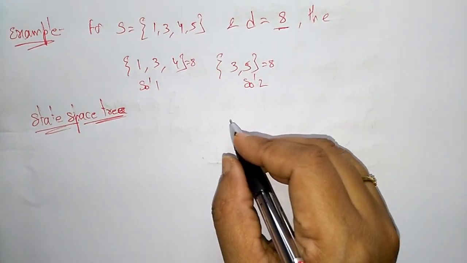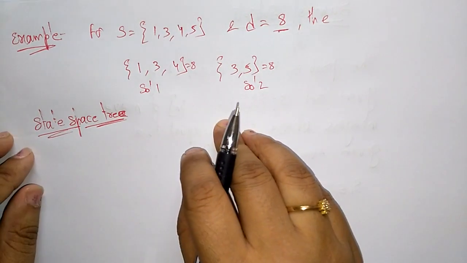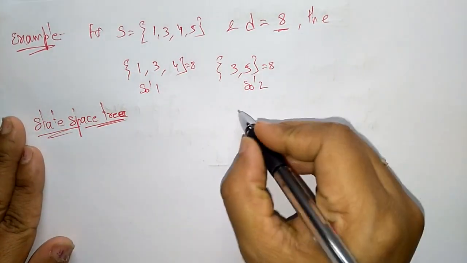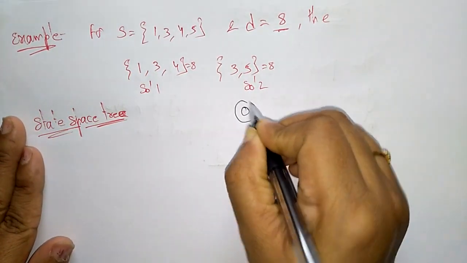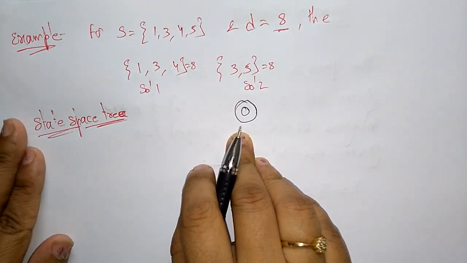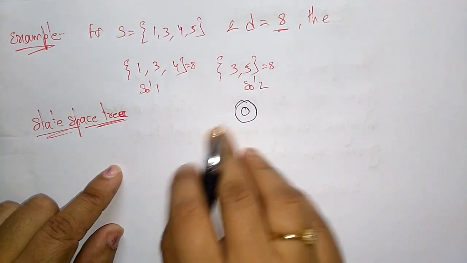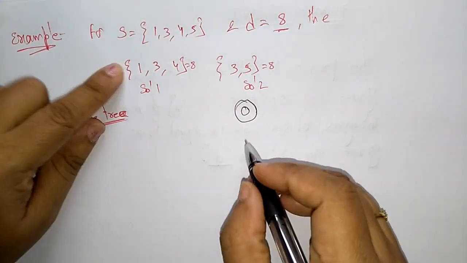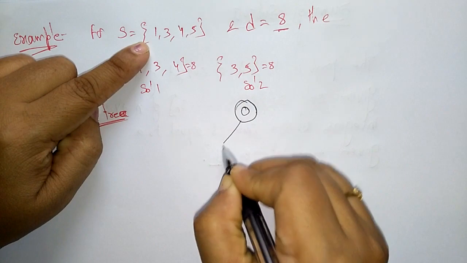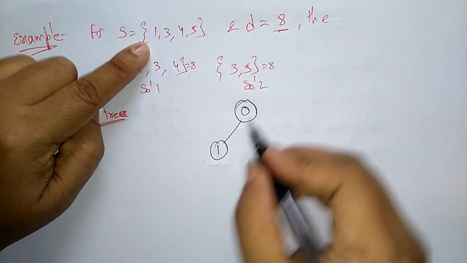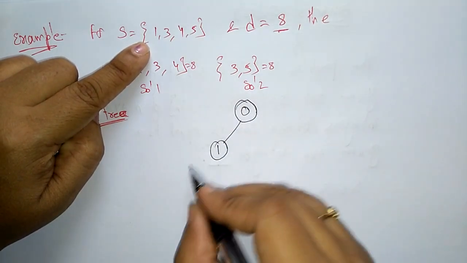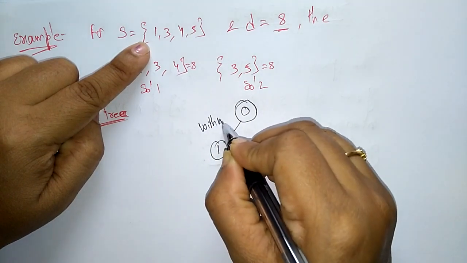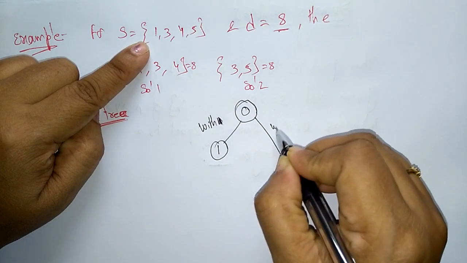Before starting the state space tree, no elements are inserted, so the starting node should be 0. The first element that should be inserted is 1. So what are the subsets of this 0? They should be with 1 and without 1.